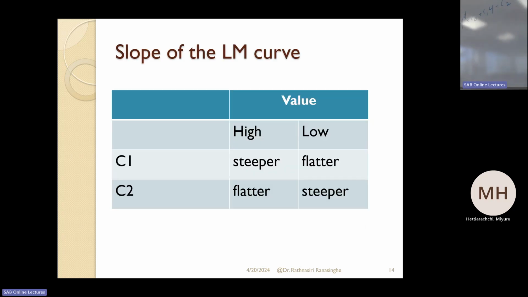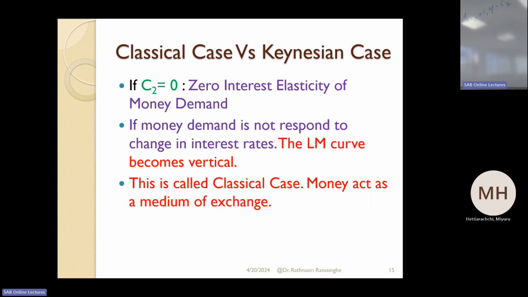This is the final result: if the C1 is high, we have the steeper LM curve; if it is low, we have the flatter LM. If the C2 is high, we have the flatter, and if it is low, we have the steeper LM. Those are the two factors that determine the slope of the LM.